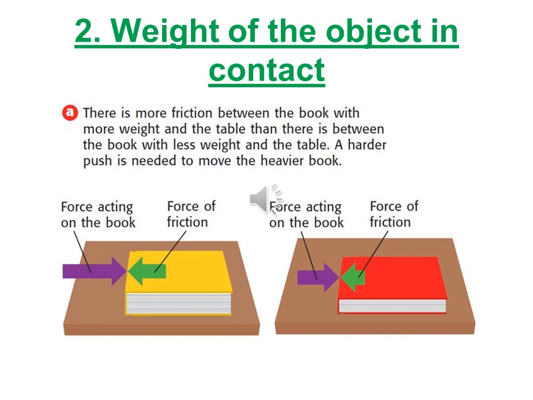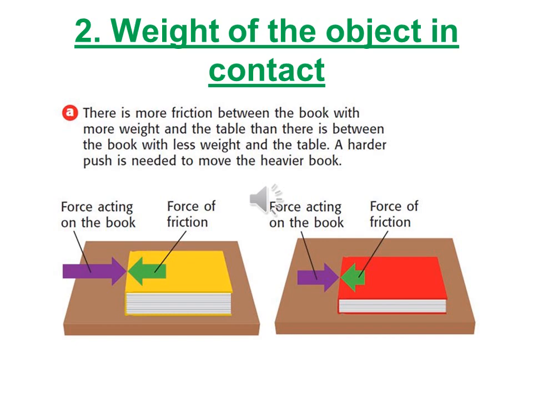Consider an empty box and a box filled with stones. You know very well, the box filled with stones will be heavier compared to the empty one. So please think and decide which one will be easier for you to move. Is it easy to move the box with the stones or the empty box? You feel quite comfortable moving the empty box compared to the box filled with stones.